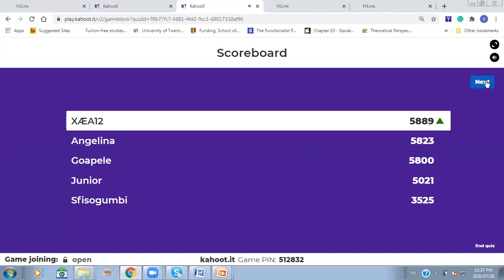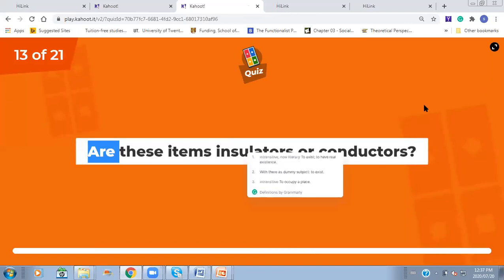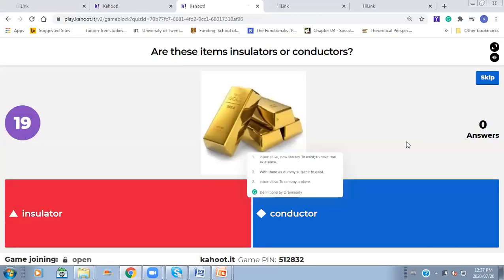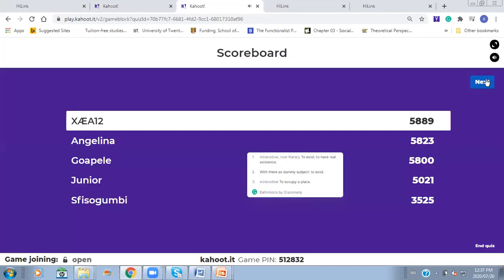Okay, let's go on. Are these items insulators or conductors? Great. Conductors. Correct answer. Let's go on.